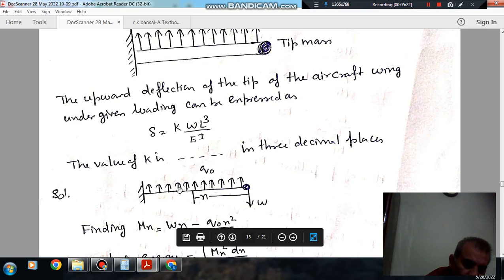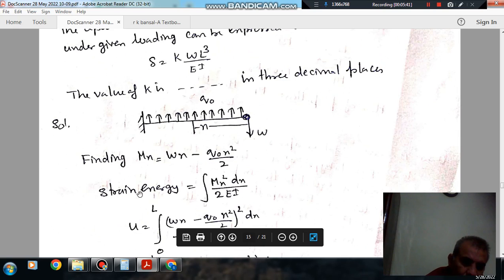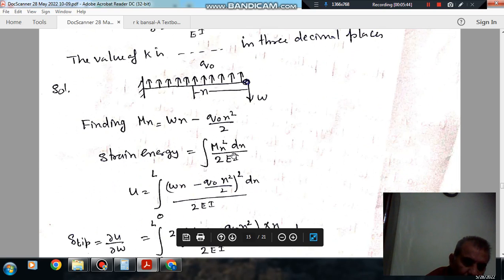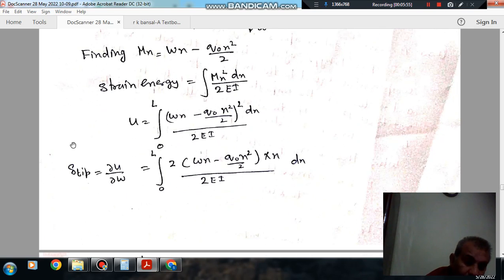So this is your UDL of Q naught, and this is W. Taking a point at a distance x, the moment at this point is Wx minus Q naught x square by 2. So strain energy will be M square dx by 2EI as it is varying from 0 to L. So putting in the limits, (Wx minus Q naught x square by 2) square divided by 2 EI dx, and deflection at tip is del U by del W, 0 to L, 2 (Wx minus Q naught x square by 2) x by 2 EI.